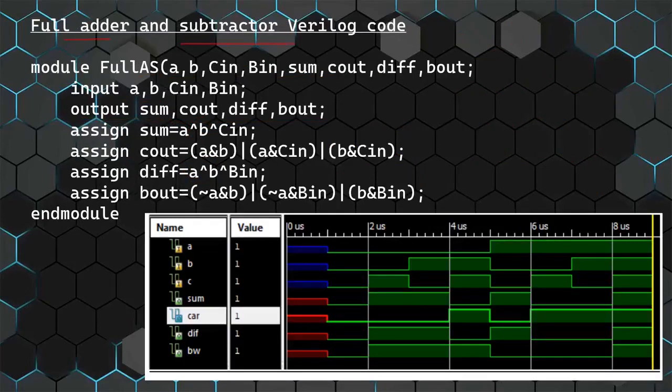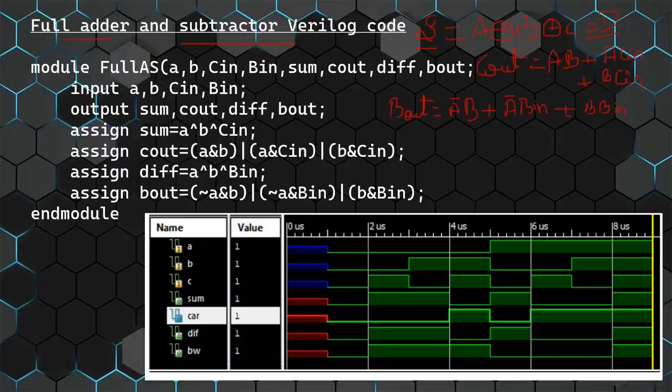For full adder and subtractor, we reduce or minimize the equation using K-map, right? So let me write the equations of full adder, which were reduced using K-map. The equations that we got for sum and difference are A XOR B XOR C. Then for C out, we got AB plus A C in plus B C in.